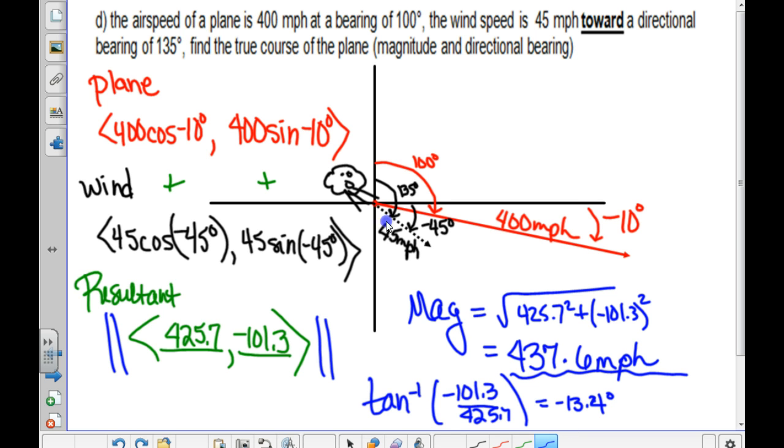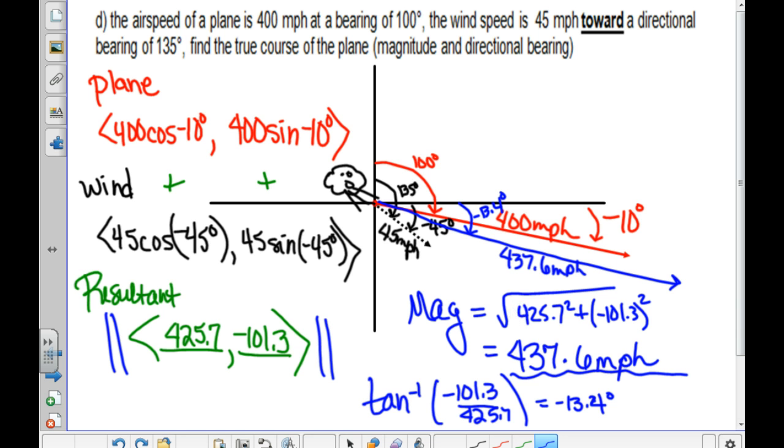Does negative 13.4 seem right, that the plane would actually be going? Right, 13.4 degrees off of there. And 437.6 miles per hour. I think we're good, except what? Yep, we gotta put it off north.